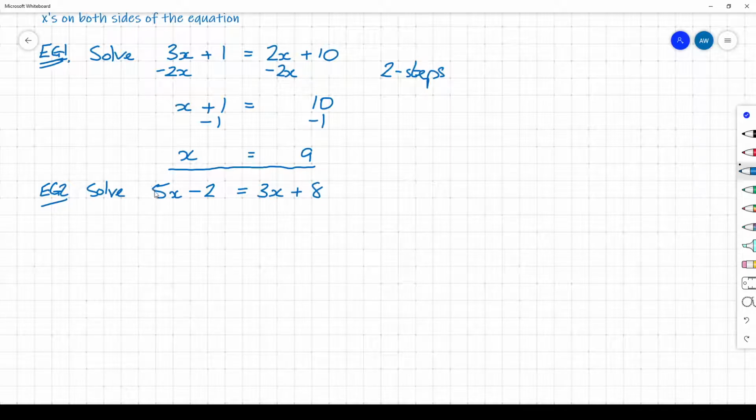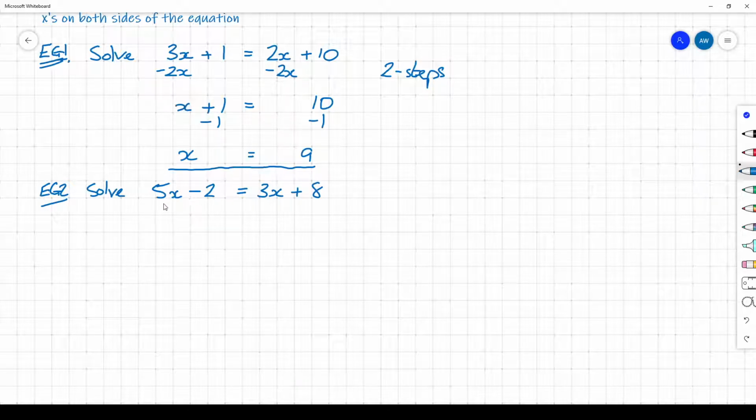This time, very similar to the equation at the top, we have x terms on both sides. We have numbers on their own on both sides as well, the same as up there. The first thing we need to do is to turn this into an equation where there are x's only on the one side.